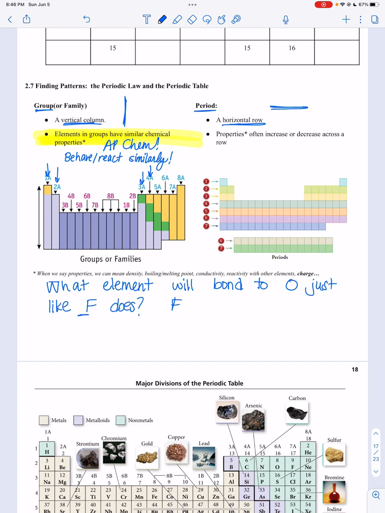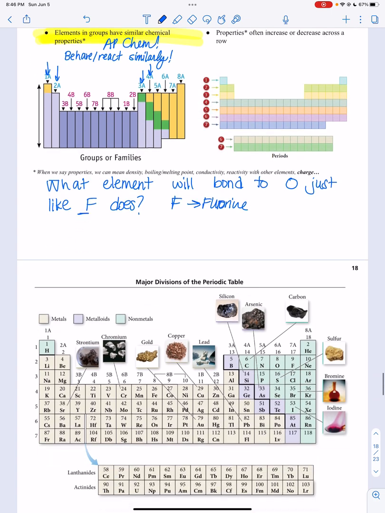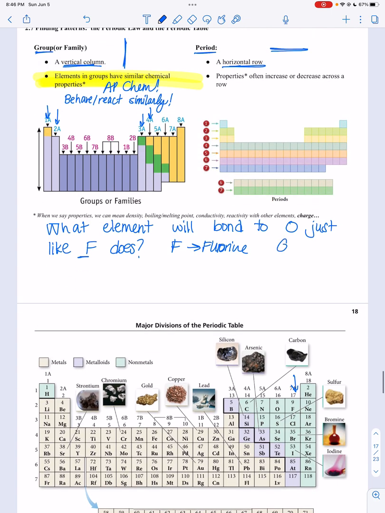And F is fluorine, and if you look on the periodic table, you're trying to figure it out. Fluorine is in group 7. So any other group 7 element will bond to oxygen just like F will. So Br, Cl, those are examples, right? That would be a good question.